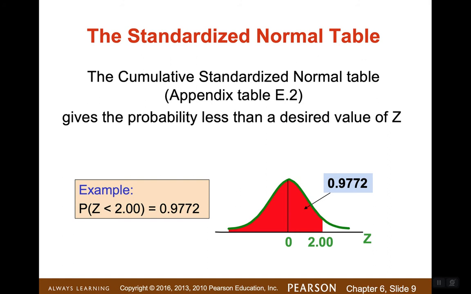There's actually a table that has already been calculated for us. It's called the cumulative standardized normal table, and it gives us the probability less than a desired value of z. So let's look at how that might work.